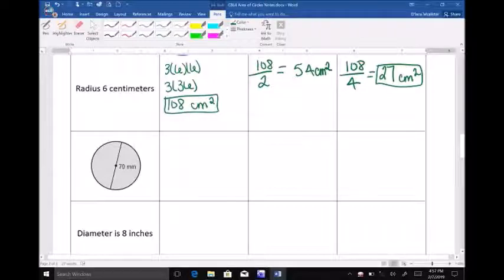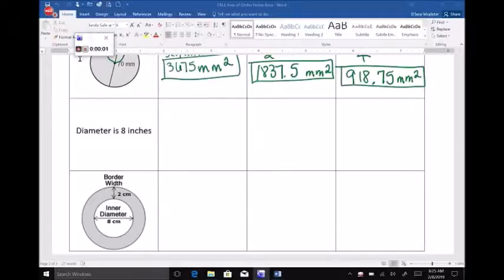Let's see if we can get a volunteer or two to find the area of the circle with a 70 millimeter diameter, a half circle, and the quarter circle. Let's get a volunteer to come find the area of a circle with a diameter of 8, the half circle, and the quarter circle.